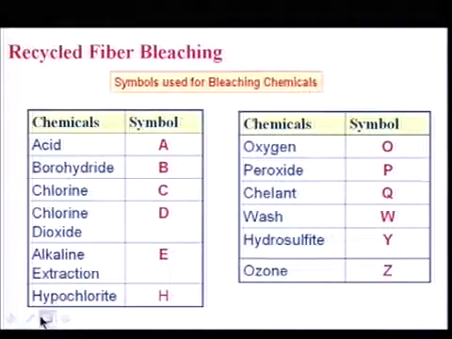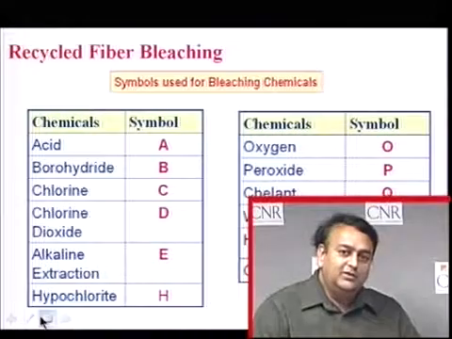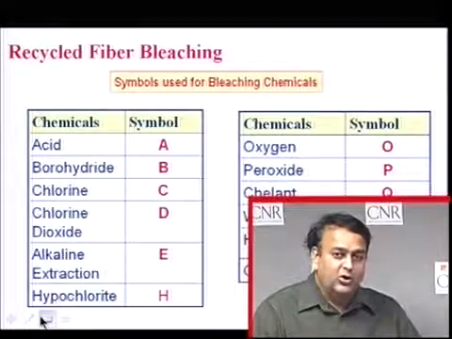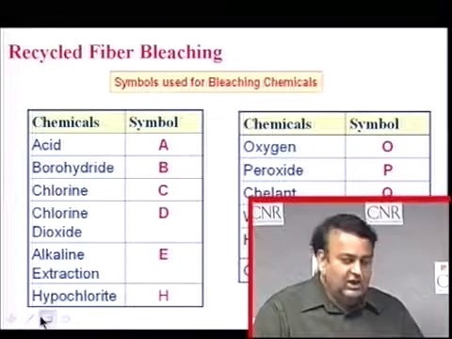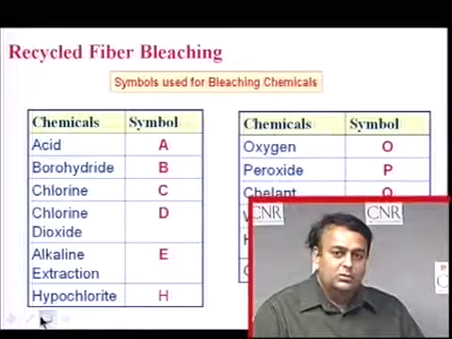The paper industry loves to use symbols for denoting the chemical's name. In this case, the letter A stands for acid. The letter B stands for Borohydride, C for chlorine, D for chlorine dioxide, E for caustic extraction, and H for sodium hypochlorite.